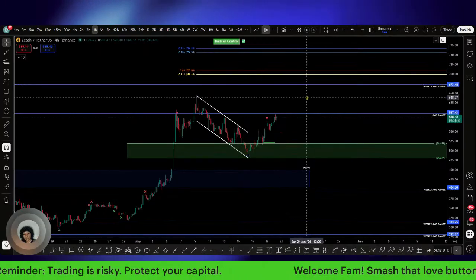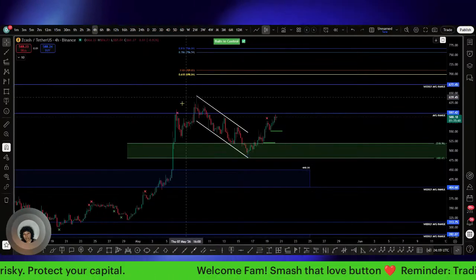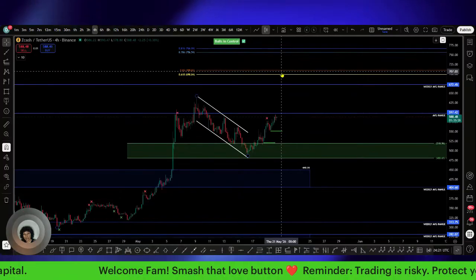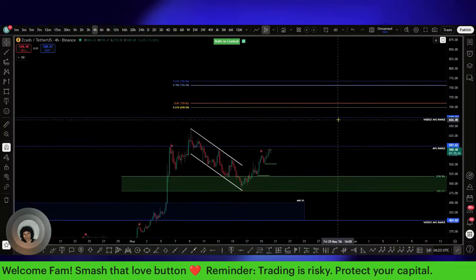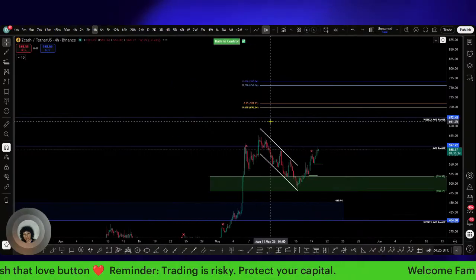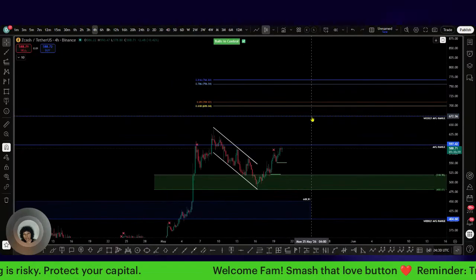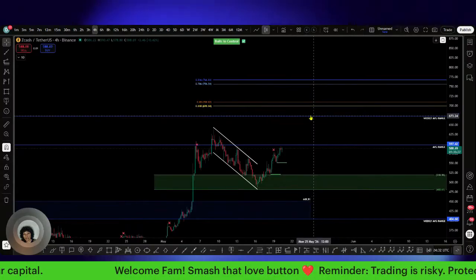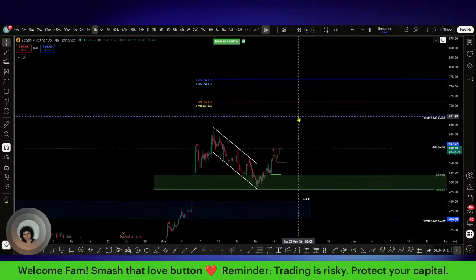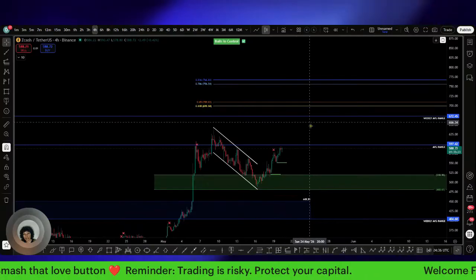I'm thinking either tapping into this 672 if it does come up here and take out this high, or possibly going to get somewhere into here, because I don't have anything beyond this level right here. You still have highs in here beyond this level, obviously. It'll either be something like this or somewhere into this golden pocket.